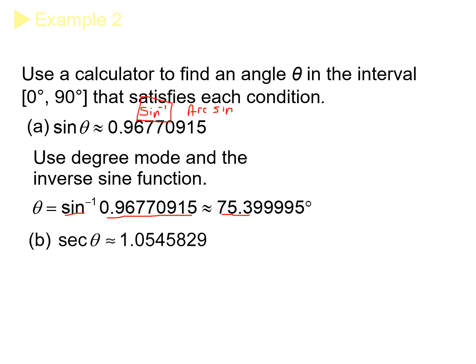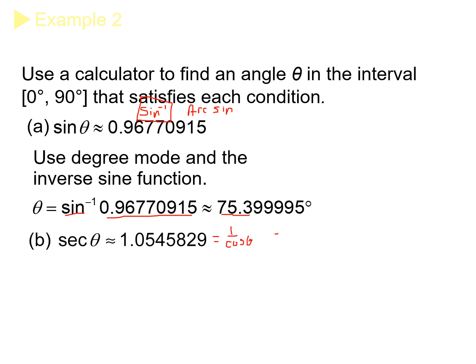Now, suppose I have the secant as about 1.0545829. I don't have an arc secant, so what I need to do is solve this for cosine. I know secant is 1 over cosine.